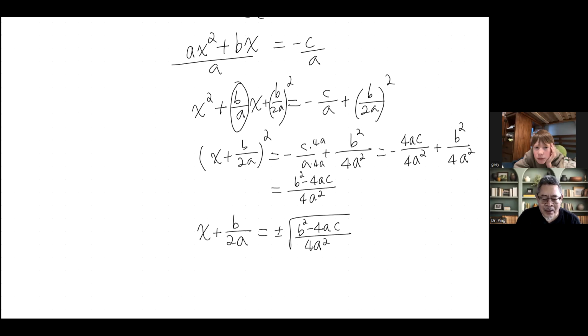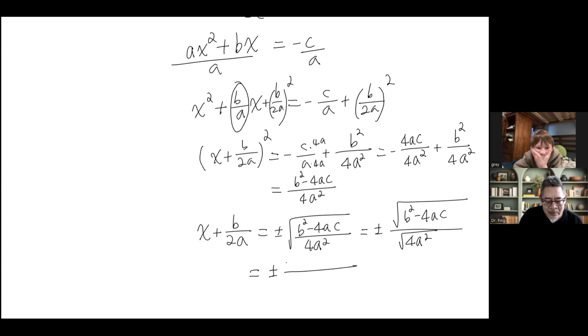Now we can rewrite this as the square root of b squared minus 4ac over the square root of 4a squared. Now the bottom, of course, we can take the square root of: square root of b squared minus 4ac over 2a. Okay, now we got this.